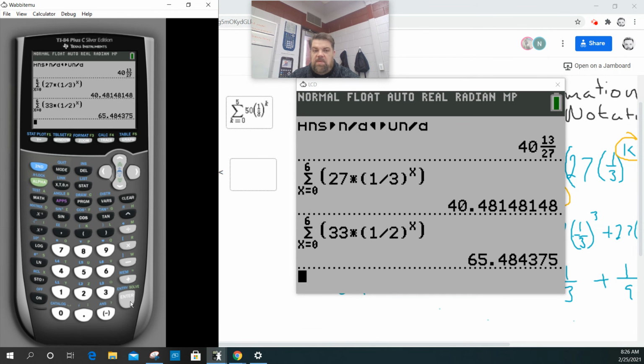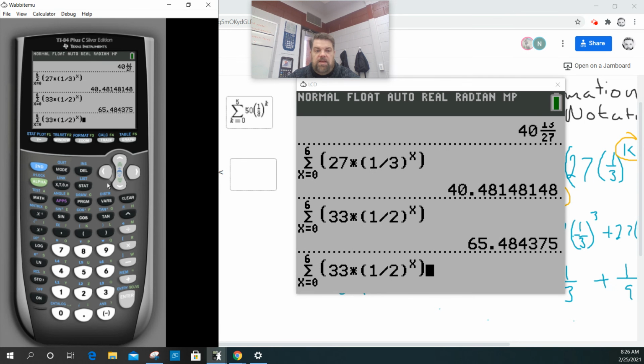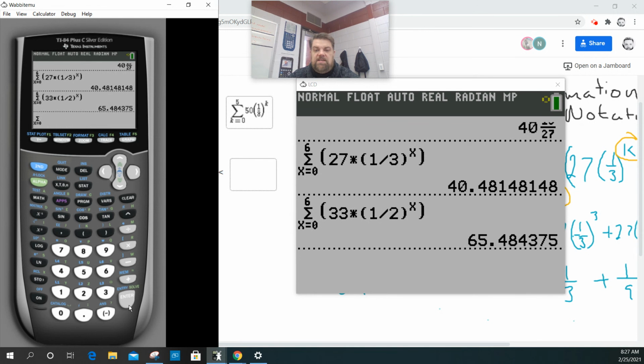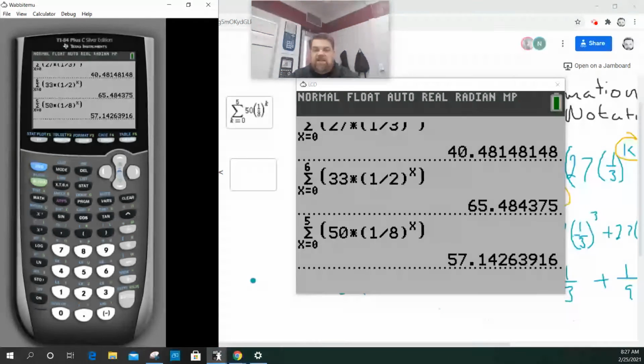And then my last one is going to be from 0 to 5 of 50, and my common ratio is 1/8. Same thing with that one. If I just hit enter, it'll do that whole process and give it to me that way.